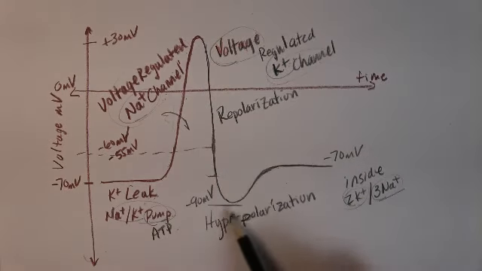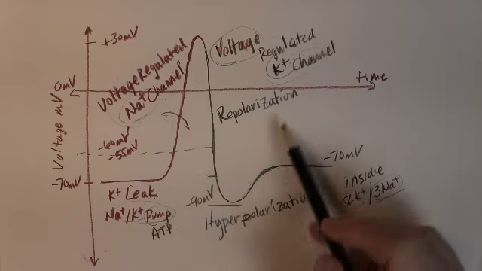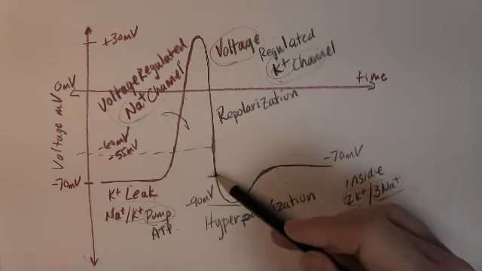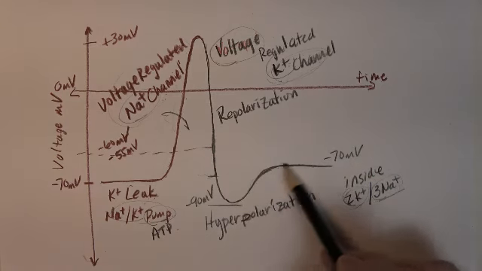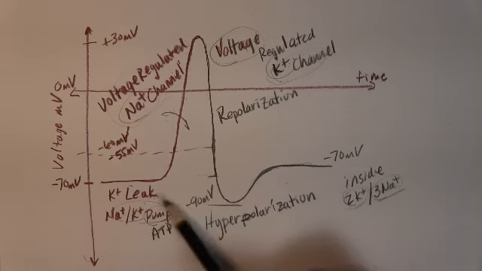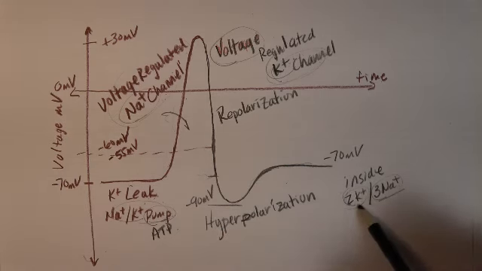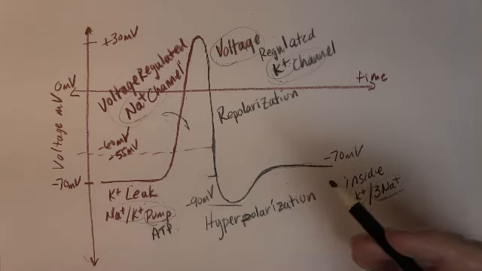That repolarization occurs until we get down to about negative 70 millivolts. When this one closes, it just overshoots a little and we get some hyperpolarization. And to restore that back to the resting potential, the cell then uses those leak channels and the sodium-potassium pump to help bring it back and get ready for the next stimulus that comes through.